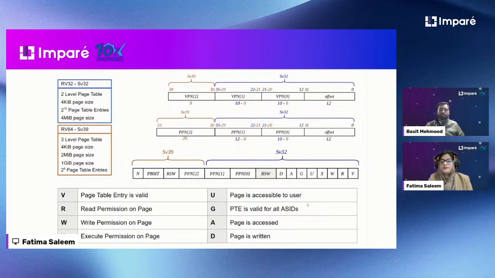But when we want to give all address spaces the same permission, we set this global bit high. And there are two more bits, accessed and dirty. These bits are managed by the hardware. Accessed means that this page has been accessed, and dirty means that this page has been written. Then some reserved bits, and we have the real physical address on the upper bits. Sv39 adds more bits to the physical PPN, and there are more reserved bits.